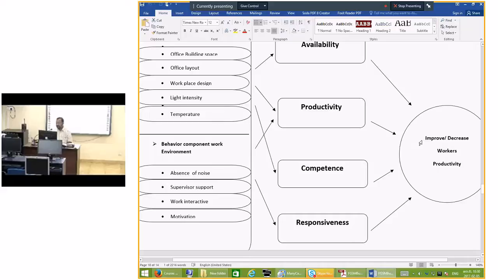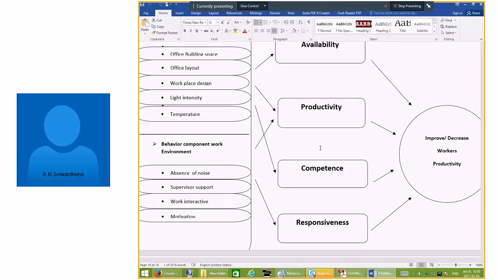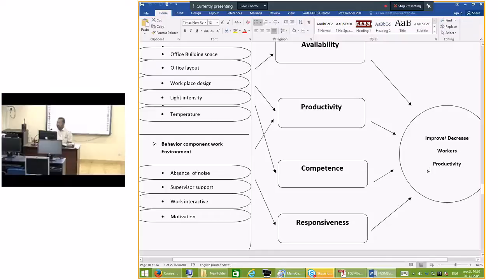Is there any other methodology you may use to assess the productivity? Am I correct? That's what is not clear to me. Your final destination is employees' productivity, yes.